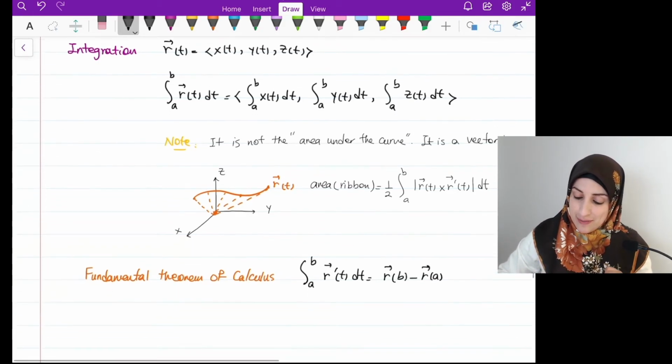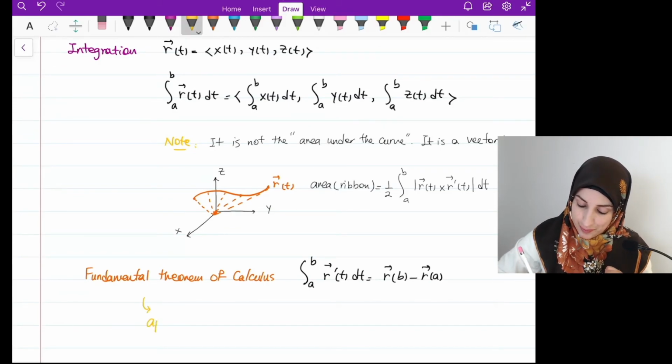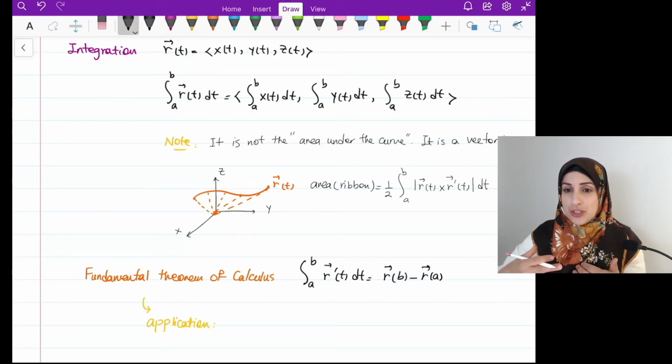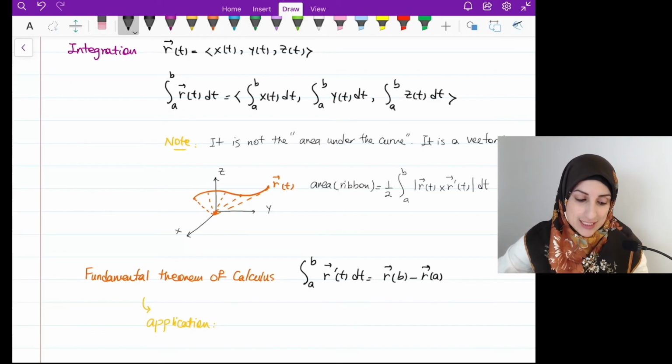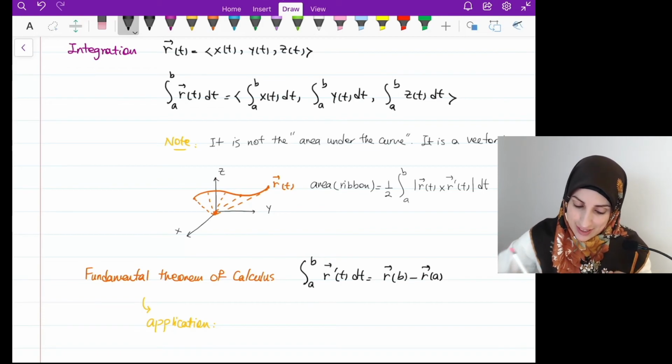And the application of the fundamental theorem that we are going to use is that we can use this integration to get the position vector from the velocity. Let me write this.